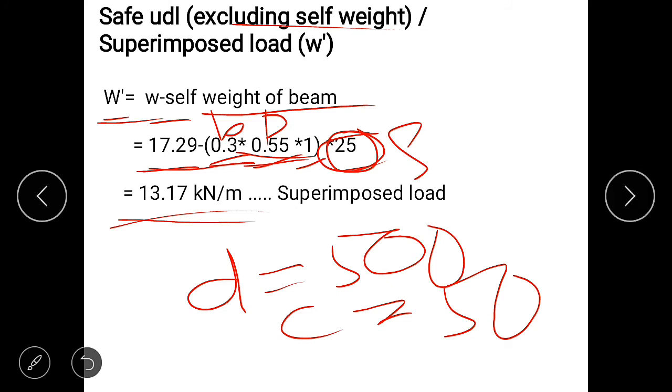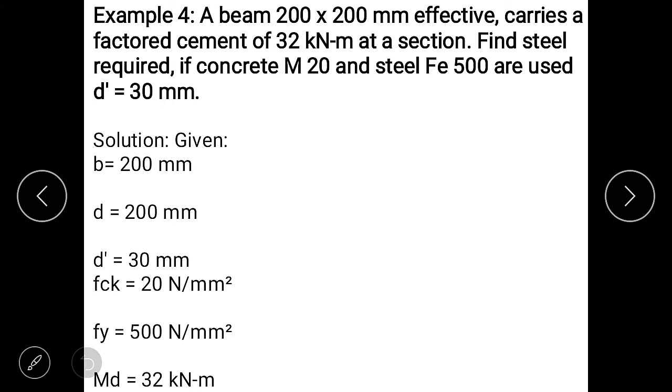Okay, now we take another example. Find steel required. Here we have to design a doubly reinforced beam. In the last 2-3 examples, AST was already given.